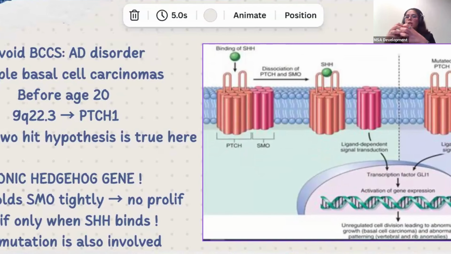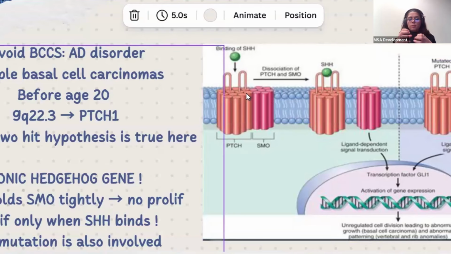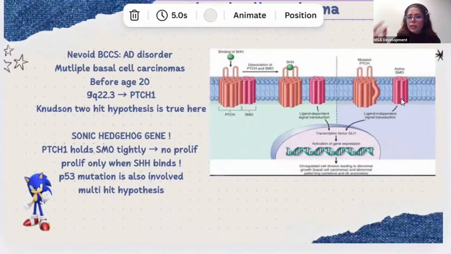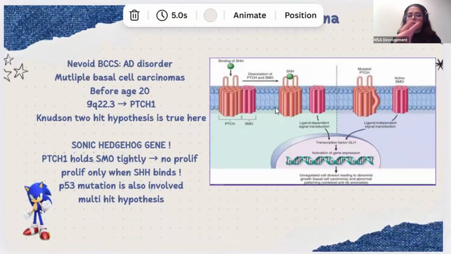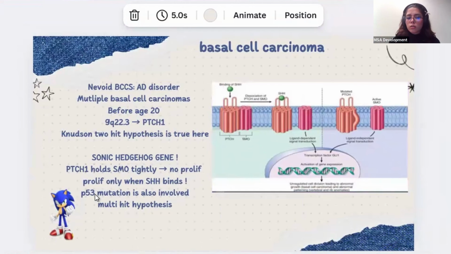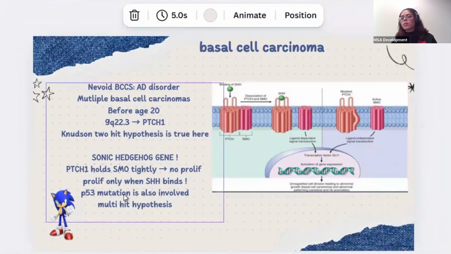With a mutated PTCH, they can't connect, okay? Because what the PTCH does is it's telling the SMO, like, pause. I don't need you to work right now, okay? But if it's mutated, it can't work properly, so it causes extra proliferation. Okay, this is the cell mechanism disorder, I guess. Okay, P53 mutations are also involved, and this supports the multi-hit hypothesis in the sense that there are multiple factors involved to cause basal cell carcinoma.